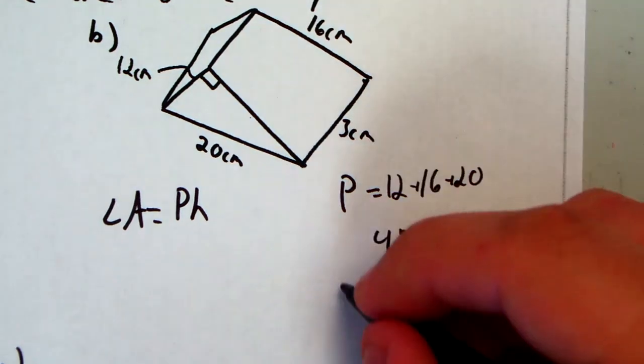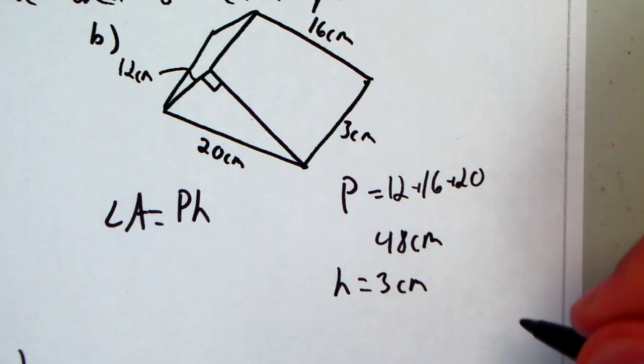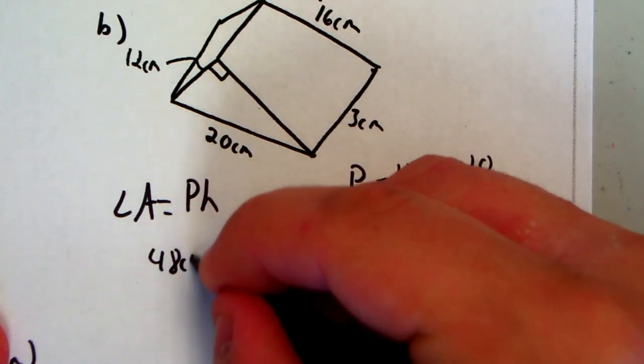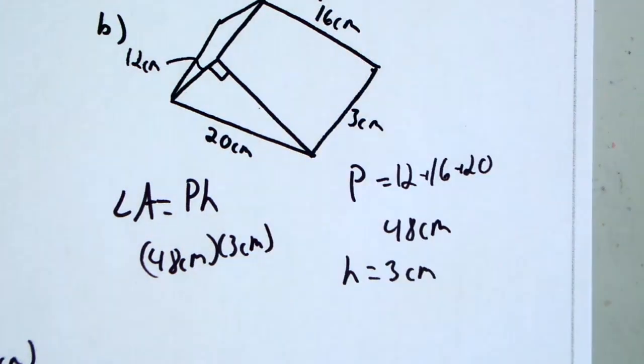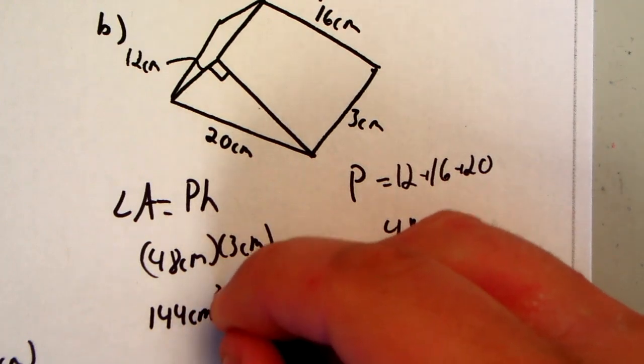The height then is 3 centimeters. So I have 48 centimeters times 3 centimeters, and 48 times 3 is 144 square centimeters.